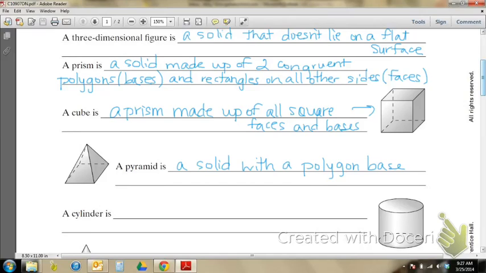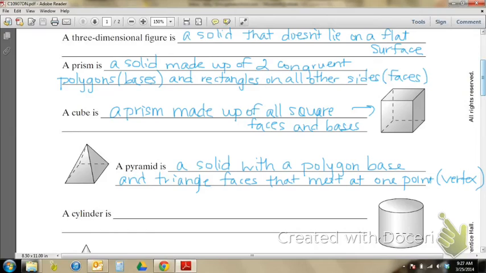So polygon base, but it has to have triangle faces that meet at one point. And that point is called the vertex. There we go. Okay.